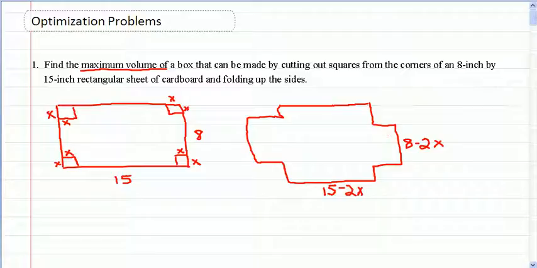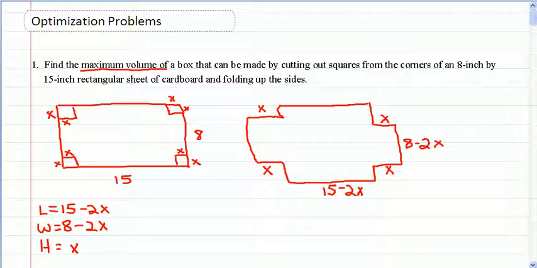When you fold up the sides of the boxes, this length here becomes the height, and the measure of the height is equal to x. So the length is equal to 15 minus 2x. The width is equal to 8 minus 2x. And the height is equal to x.